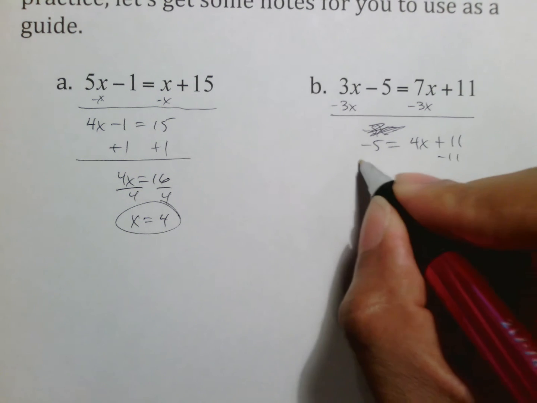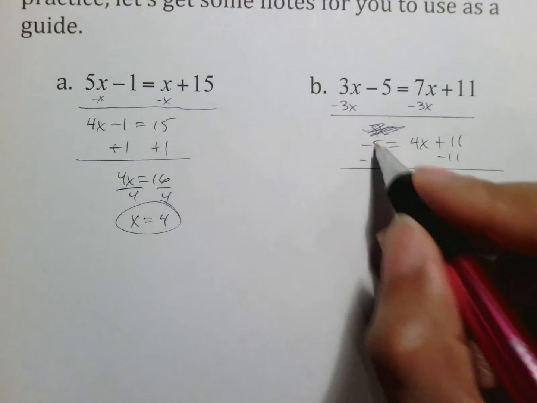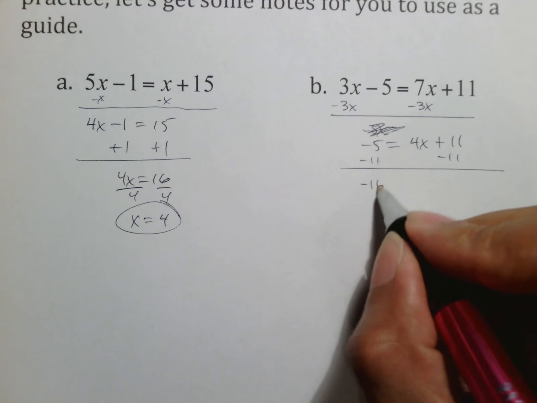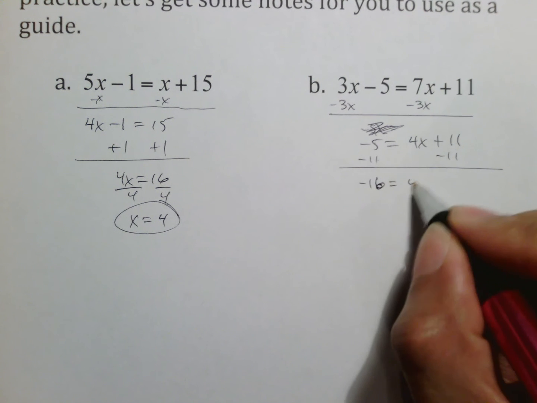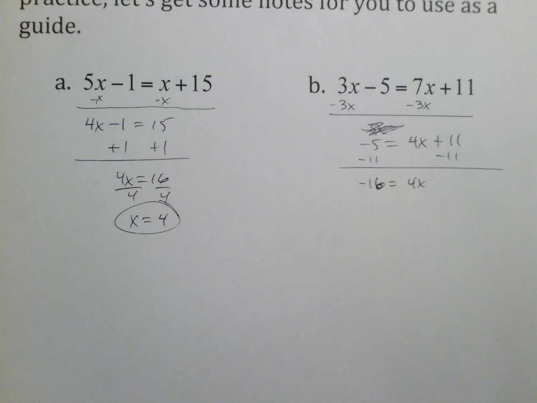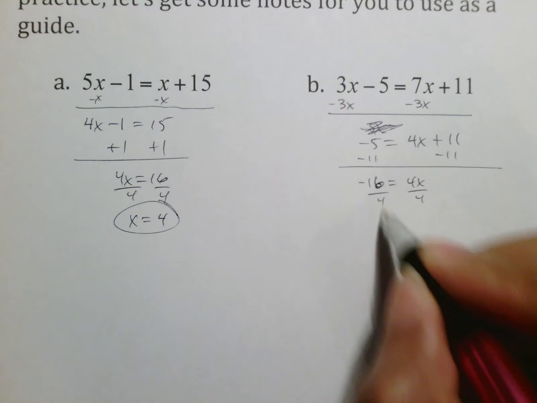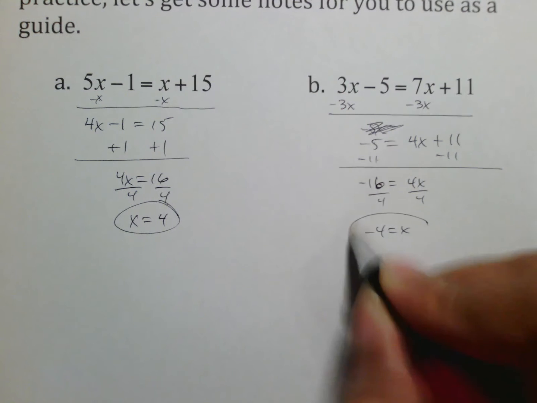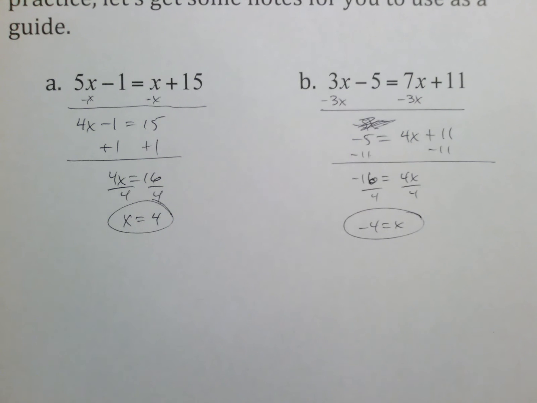Then you subtract 11 from both sides. Negative 5, negative 11 make negative 16. If you don't know that it's supposed to be negative 16, please type that into your calculator and make sure you practice getting that part. And then you divide both sides by 4 here to get negative 4 for x.